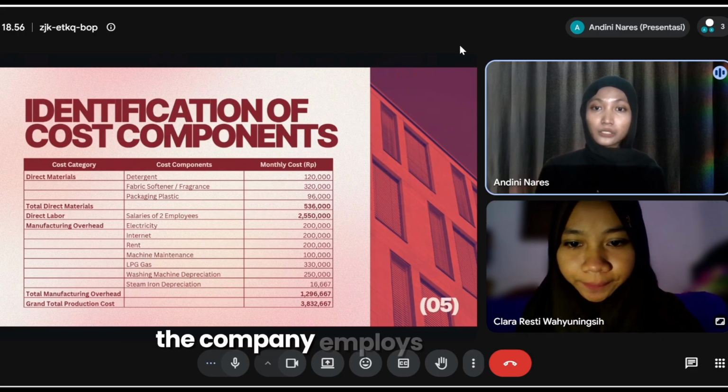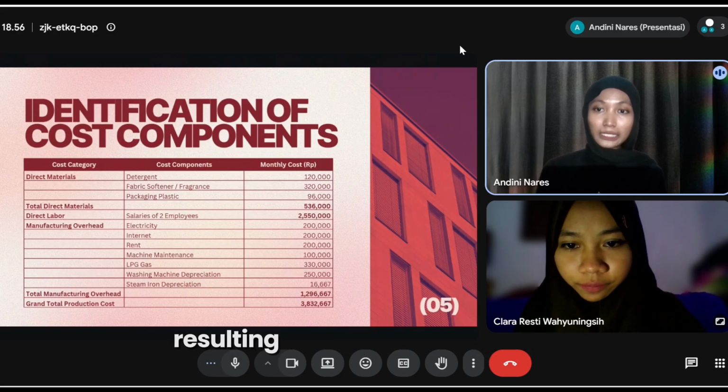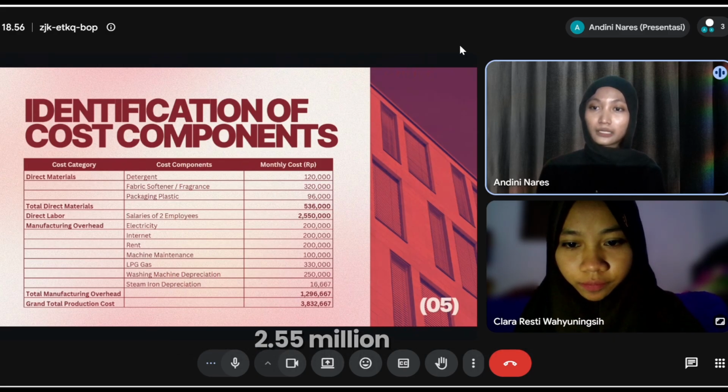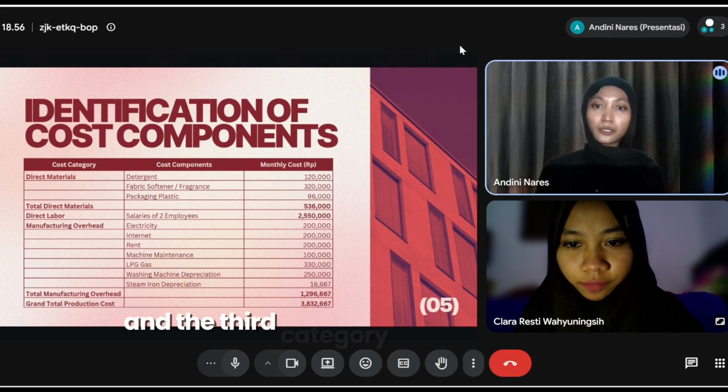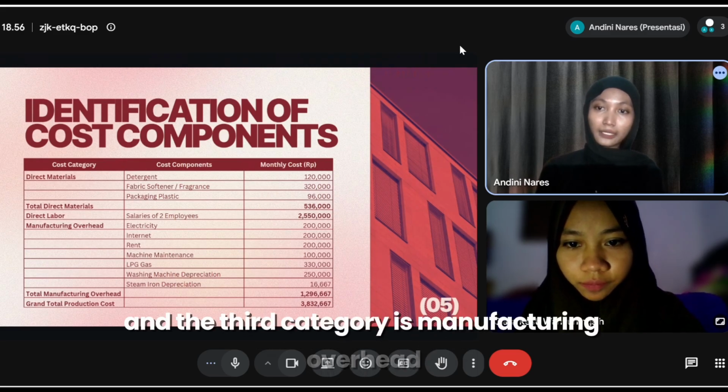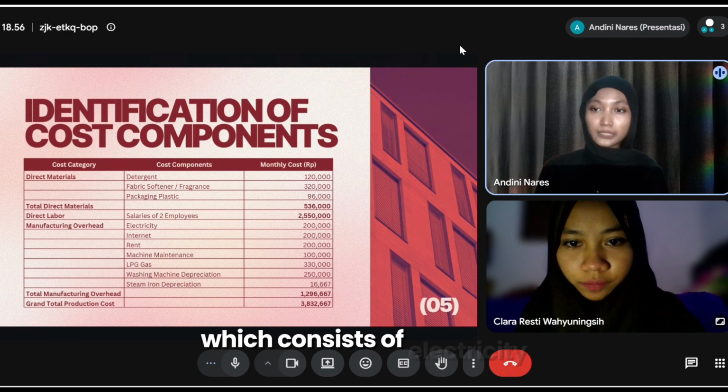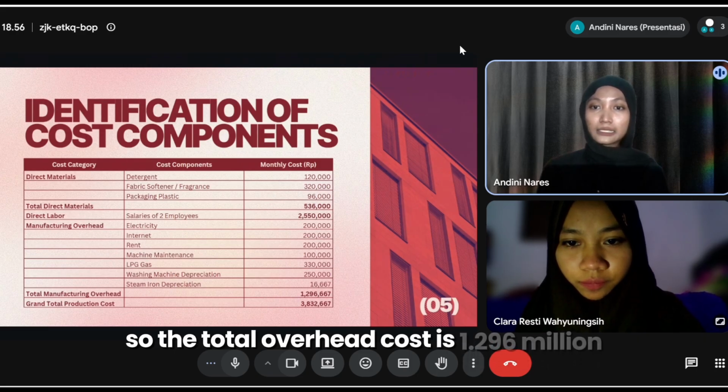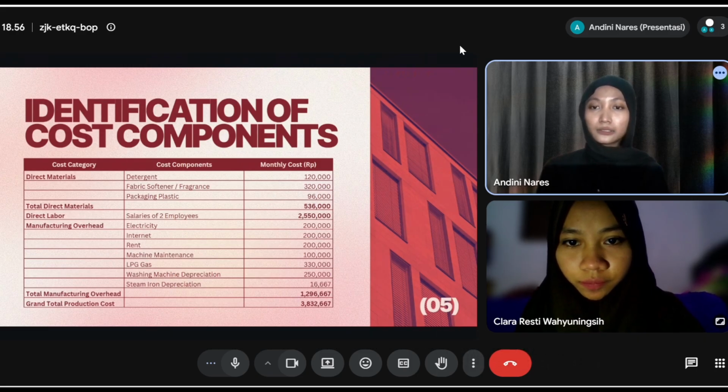And the second category is direct labor. The company employs two workers, resulting in a monthly labor cost of 2,550,000 rupiah. And the third category is manufacturing overhead, which consists of electricity, internet, rent, and machine maintenance. So the total overhead cost is 1,296,667 rupiah.